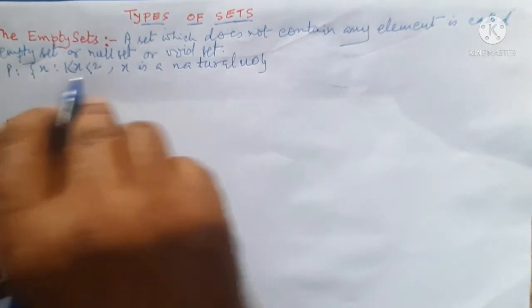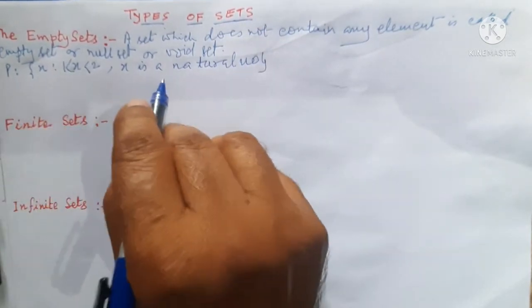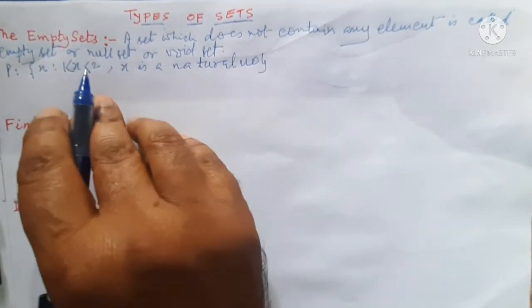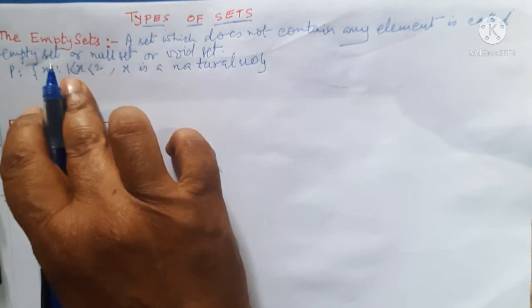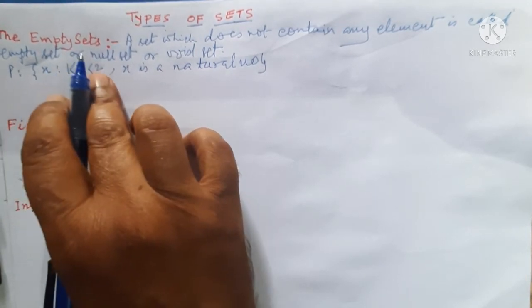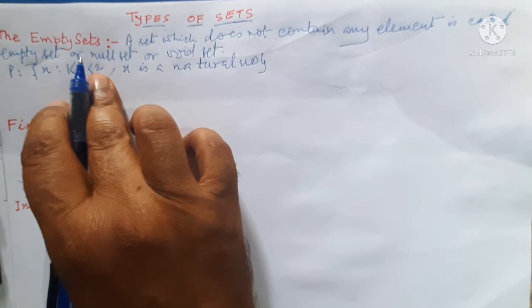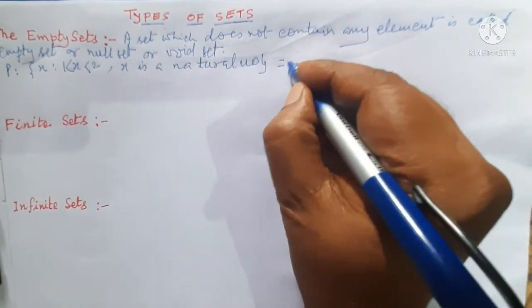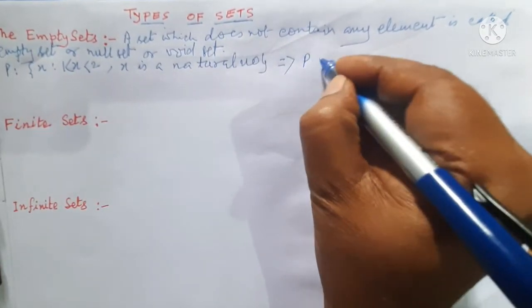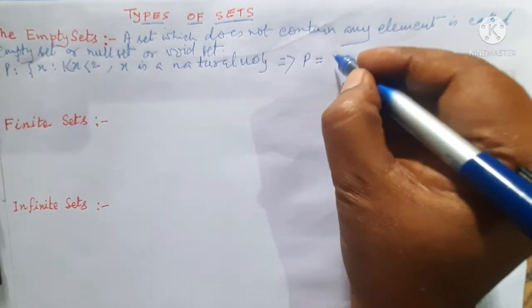In this, you see, x is a natural number. Is there any natural number lying between 1 and 2? Your answer will be no. Therefore, P is a set having no element.